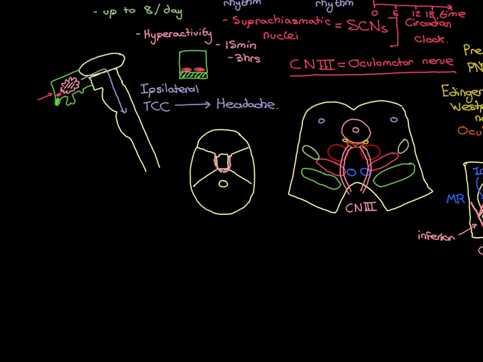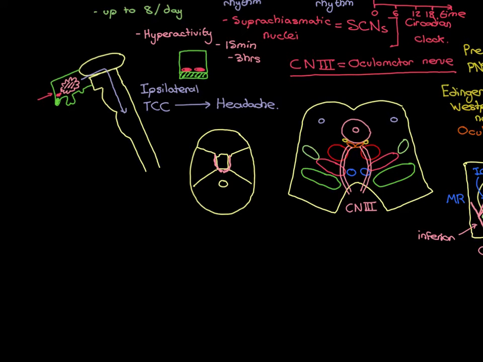So, putting it all together, when you get the hyperactivity on the left-hand side, somehow this must activate the left-sided Edinger-Westphal nucleus to produce left-sided miosis in the way that we've discussed. Now, I cannot give you the pathway by which the hypothalamus hyperactivity actually manages to activate this left-sided Edinger-Westphal nucleus.